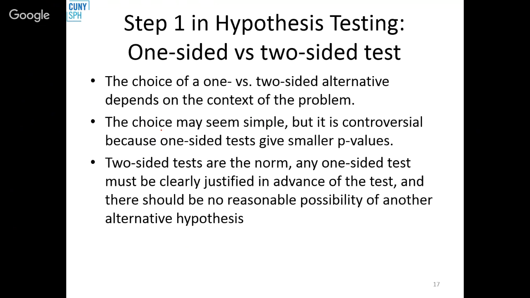The classic mistake to make there is to say, I see that the rate of anemia is lower in my treatment group than the control group, so I'm going to use a one-sided test where the alternative is that the mean in the treatment group is lower, and that halves your p-value and makes it easier to find a statistically significant result.